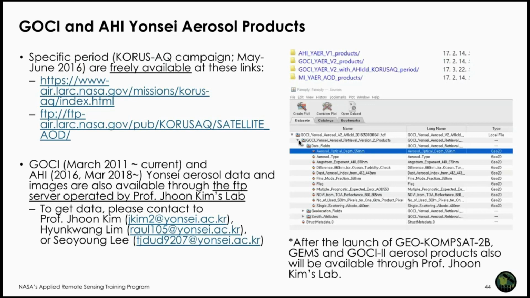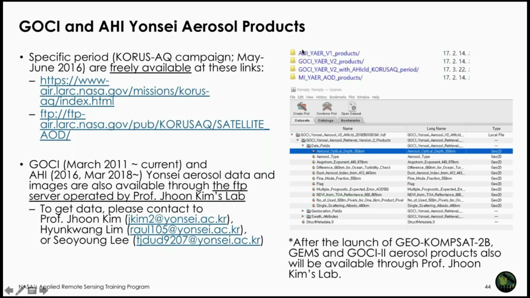Next, this is GOCI and AHI aerosol data generated by our Yonsei University. The specific period during the KORUS-AQ campaign, May to June 2016, is freely available at the two links below.